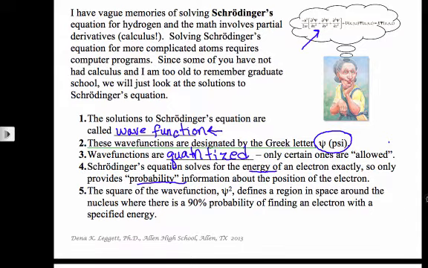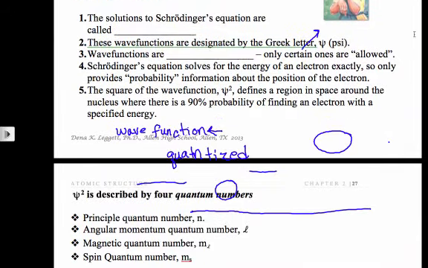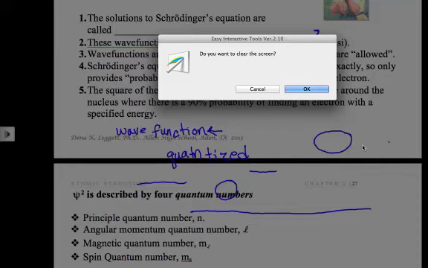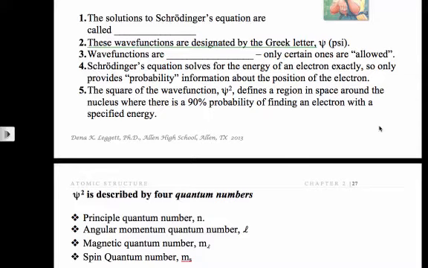That goes back to Heisenberg's uncertainty. The square of that gives us a function that will describe a 90% probability of finding an electron with a specified energy. And that's what we're going to be exploring, and the way we model that and explore that.